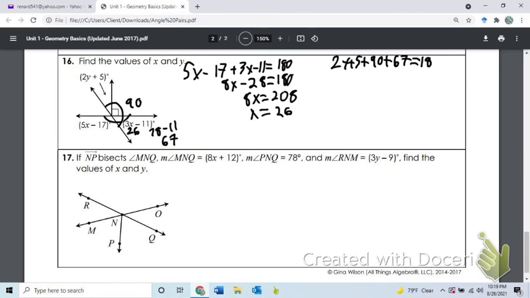I add up all 3 of those angles: the bottom one is 67, the middle one is 90, and the top one is 2y plus 5. Combine like terms. Subtract 162 from both sides, and divide by 2. And that gives us our x and our y.